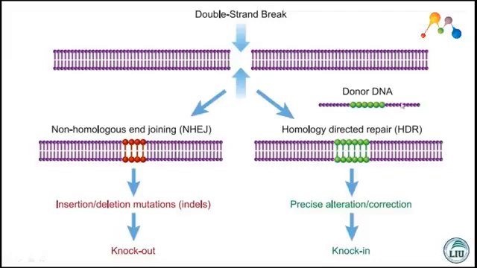In contrast, if we introduce a donor DNA, imagine that this DNA is introduced within a plasmid or a vector. It could be inserted by homology-directed repair, which requires 2 homologous sequences, inducing a homologous recombination, leading to the insertion of the donor DNA inside the gap, leading to the addition of a functional gene, which we call the knock-in. So knock-in and knock-out could be the result of a double-stranded break by these systems.